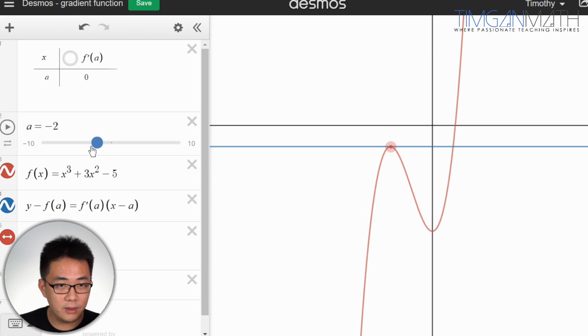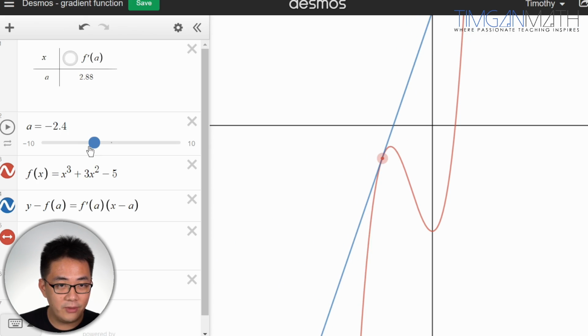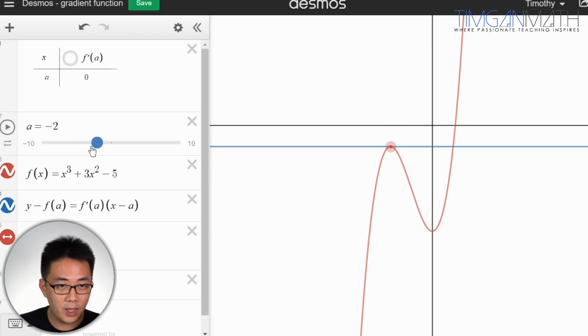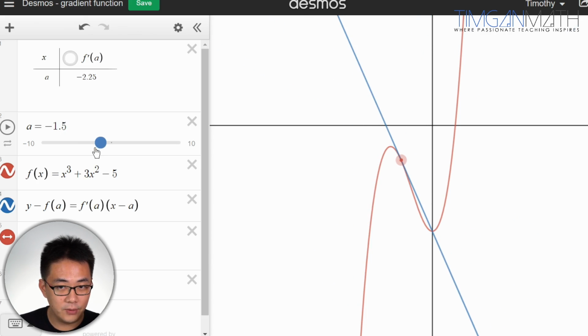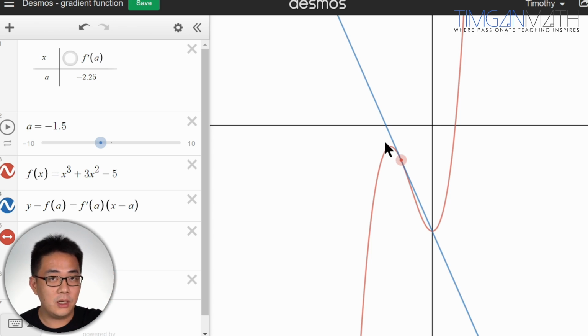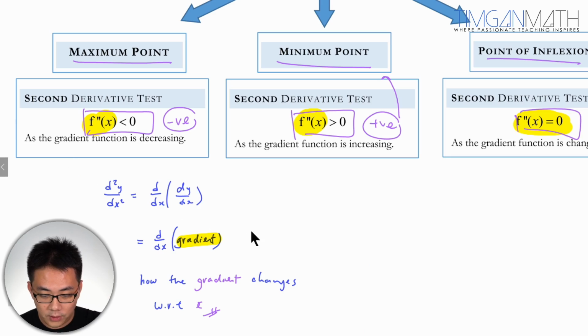You see, even when it passes through, from 7, I go down to 0, and from 0, I drop down to negative. Do you see that? So around this juncture here, the gradient is decreasing with respect to x. That's why the second derivative test is very powerful, because you just need to check if it's negative, then it's a maximum point.